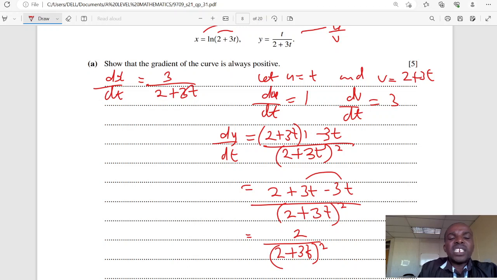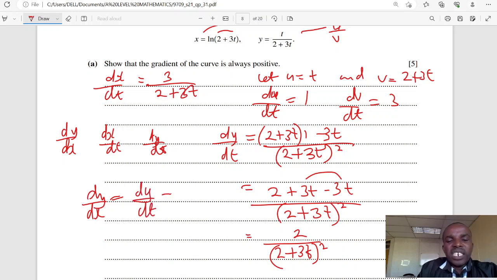Right, now to find dy dx, I have to use the chain rule. I have dx over dt and I have dy over dt. I want to find dy over dx. So dy over dx is equal to dy over dt, divided by dx over dt.